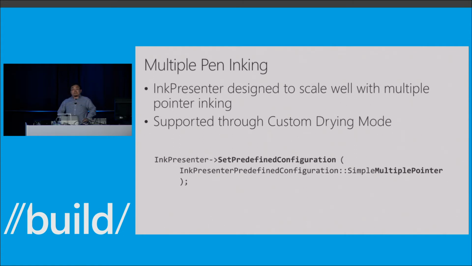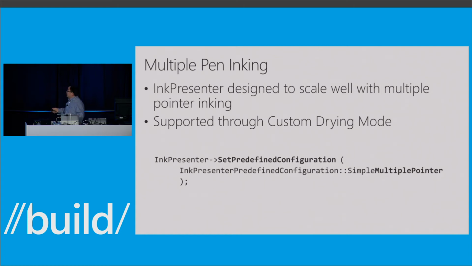Now you may wonder, how can the application do more? With all the knowledge of custom drawing, a DirectX surface, a large canvas, custom processing of input, support for erasing.